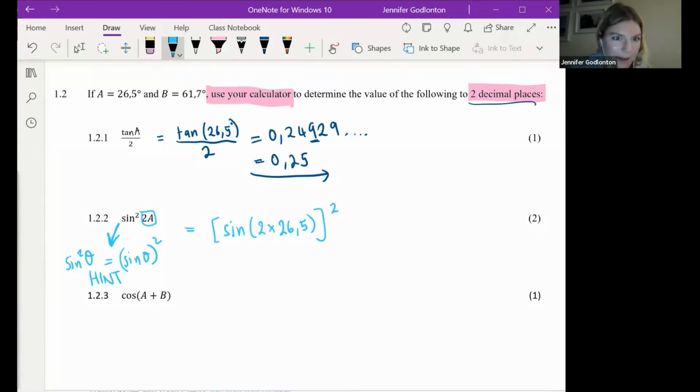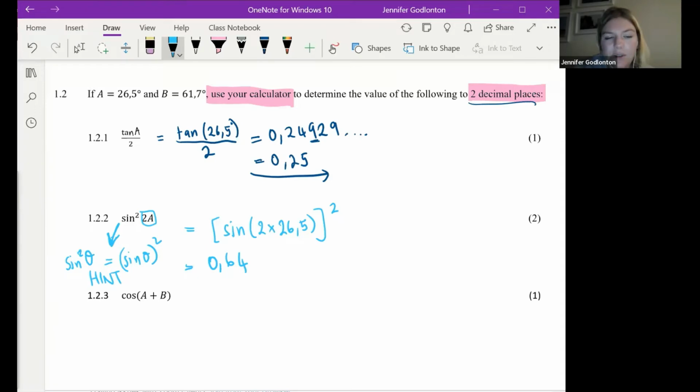So I would push bracket, sine, 2 times 26,5, close bracket, squared. And you get 0,64, which was 0,637, but the 7 makes a 3 become a 4. So a big well done to those of you who got 0,64.